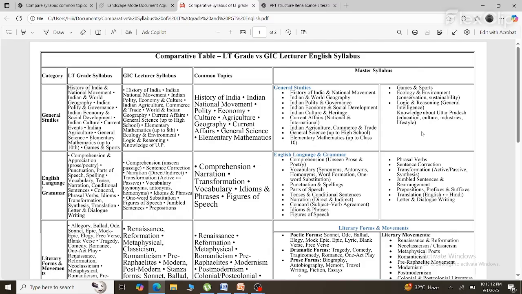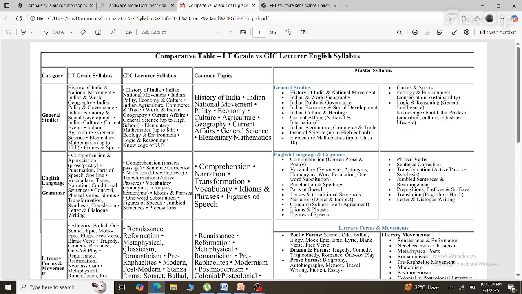So this is very much visible to you. This master syllabus contains all the topics for the students who are preparing for both LT grade and lecturer English.